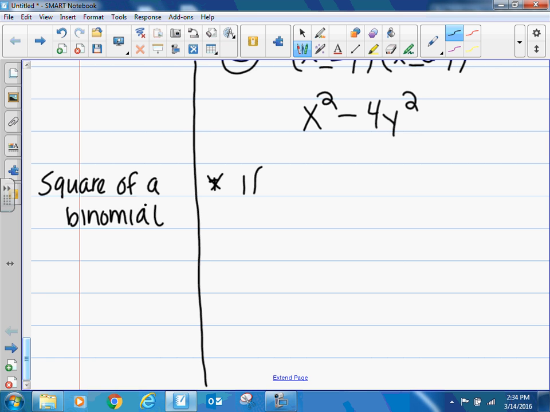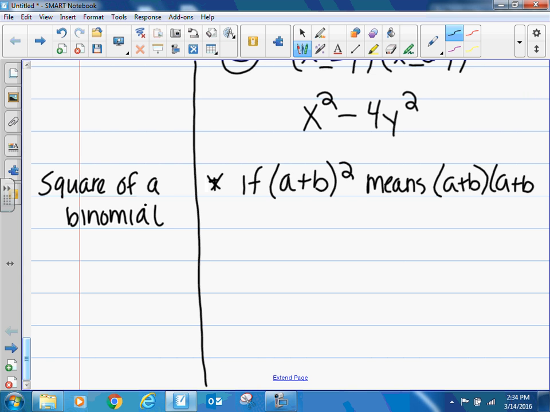First one, a plus b squared means a plus b times a plus b, which we know, then it's equal to a squared plus 2ab plus b squared.